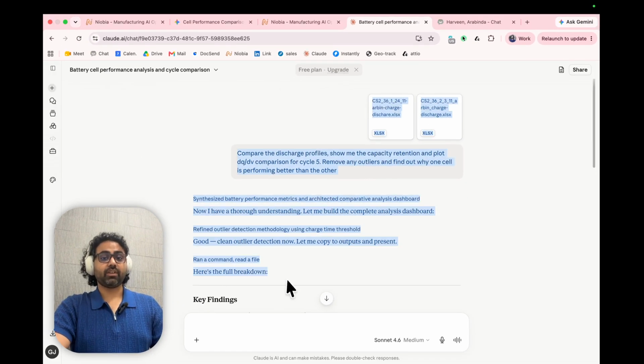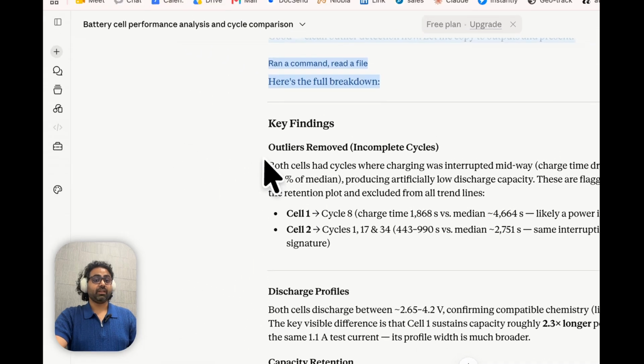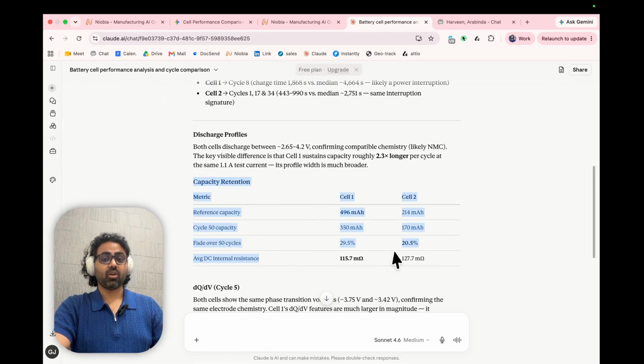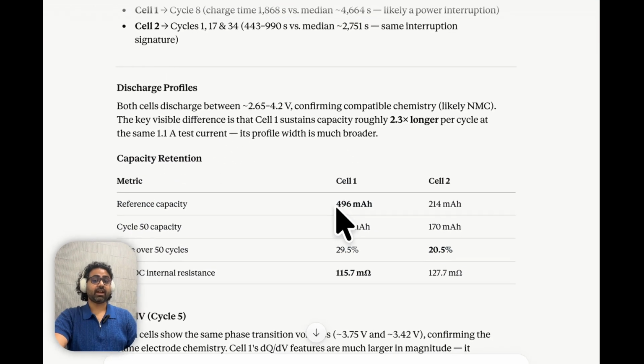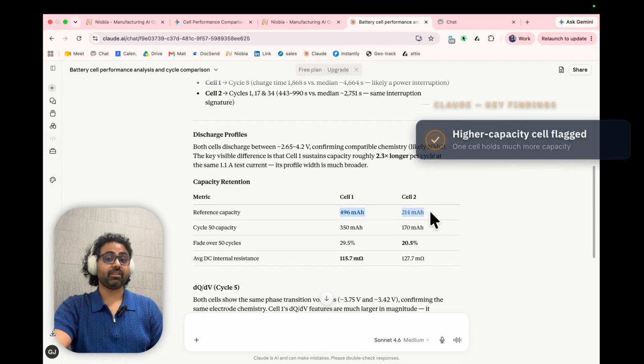Claude did a lot of thinking, and I'm going to talk about that in a little bit, but it did remove the outliers properly, and it created this nice table of the key parameters, key metrics I want to see. Definitely highlighted that one cell is much higher capacity than the other.